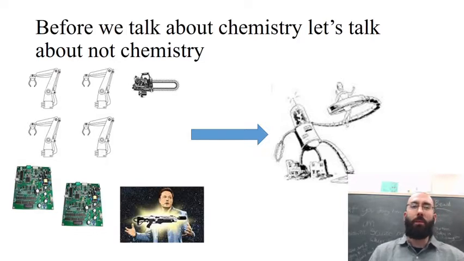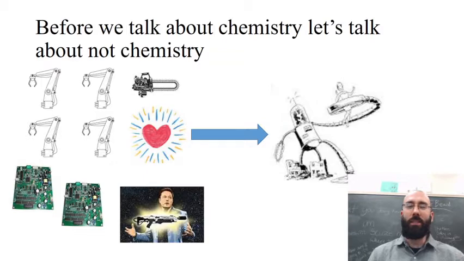And the last and most important thing, if we're going to be building a robot, is it's going to need a heart and it's going to need some love. So in this little equation, we have 4 arms, 2 circuit boards, 1 chainsaw, 1 flamethrower, and 1 heart makes a single robot.